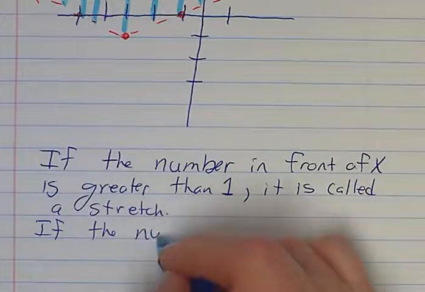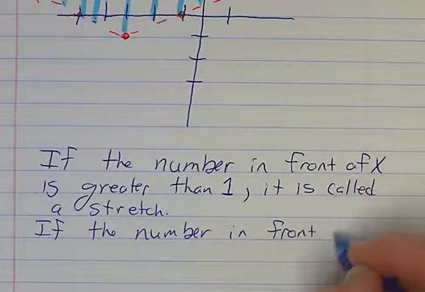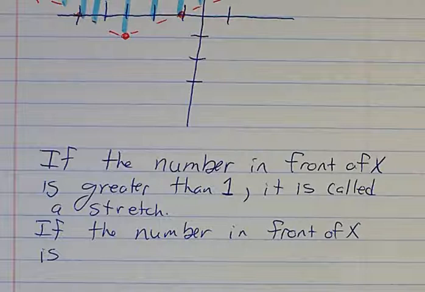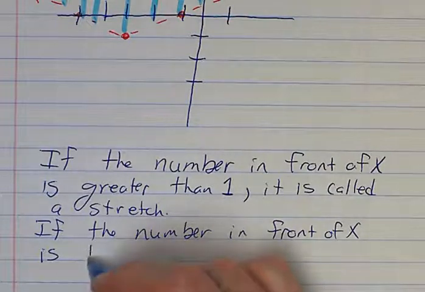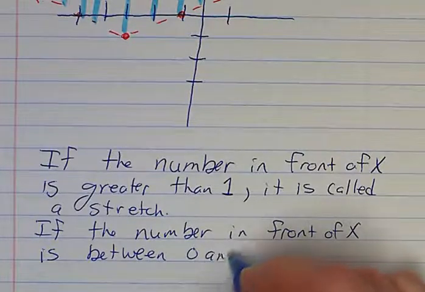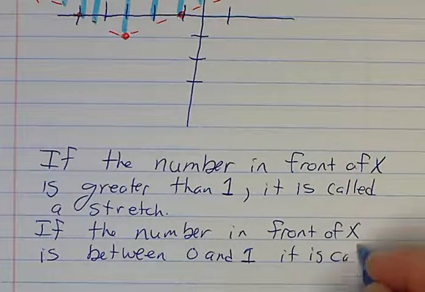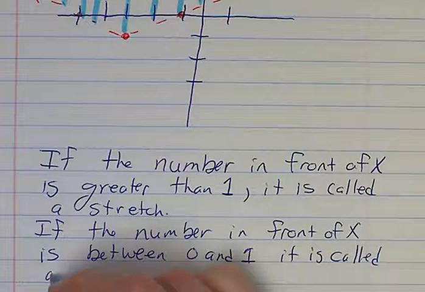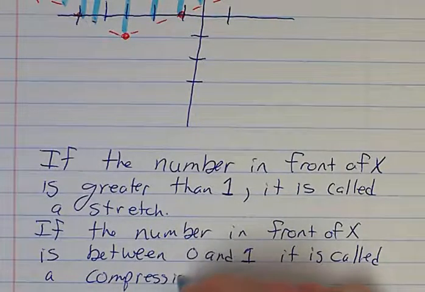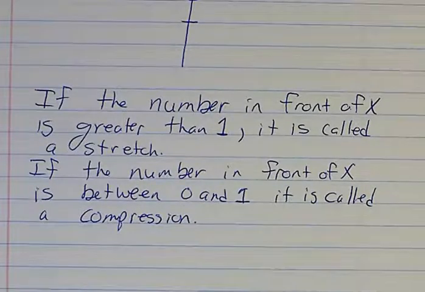And if the number in front of x is less than 1, but they don't worry about the negatives in this case, so if it's between 0 and 1, it's called a compression, or just a compress sometimes. So if it's some fraction value, if it's a half or a third or 2/5 or something like that, they're going to call that a compression.